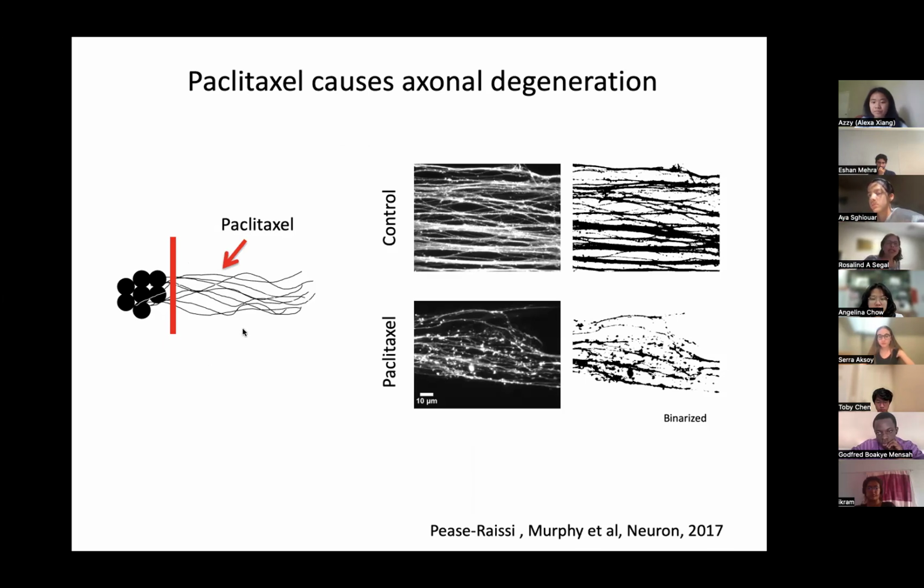And what we found is that treating the axons with paclitaxel, but not the cell bodies, caused degeneration. And we can quantify this degeneration by staining the cytoskeleton, in this case tubulin, at the nerve endings. And we then take that stain, we binarize the image, which means make it just black and white.